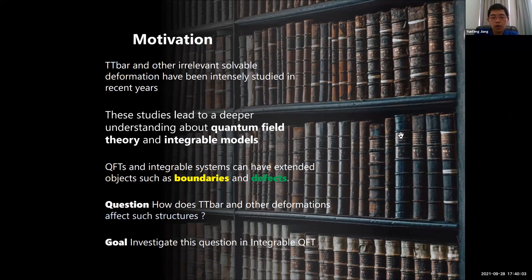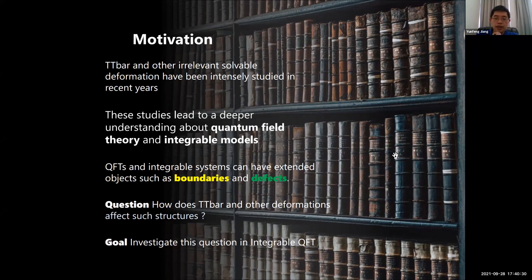And from a more formal point of view, these boundaries and defects contain a lot of information about the bulk physics. Also, once we introduce boundaries and defects, we can have other interesting observables like the boundary entropy, the boundary free energy, and some boundary one-point functions.